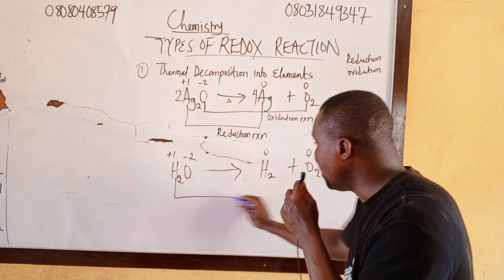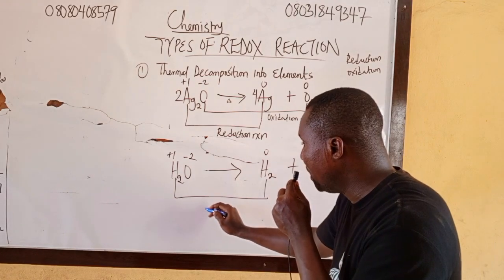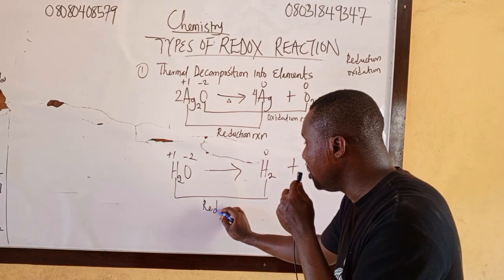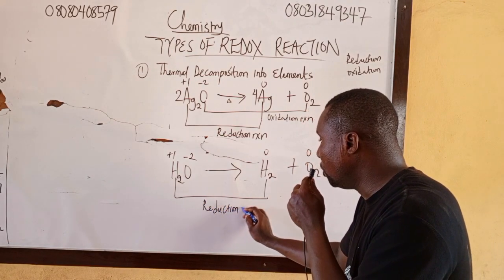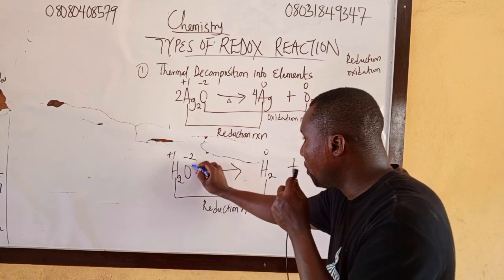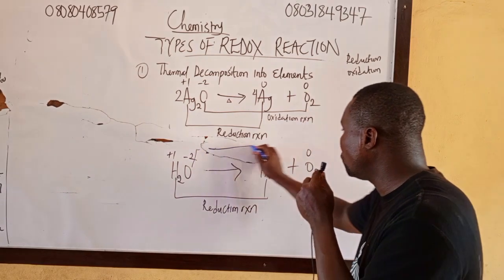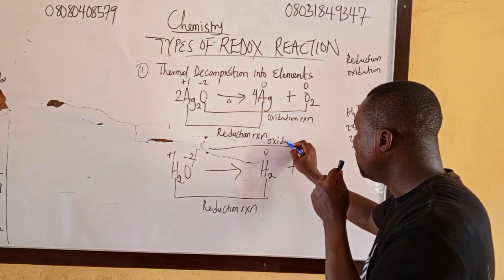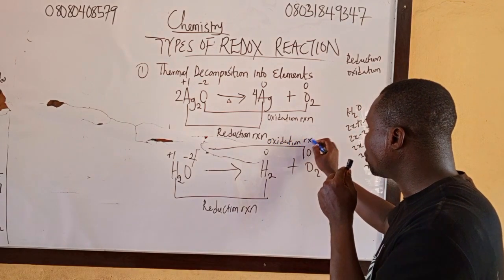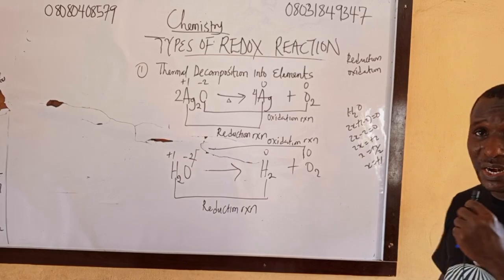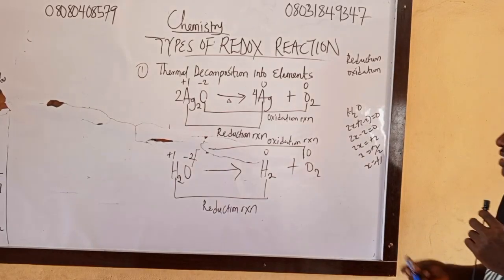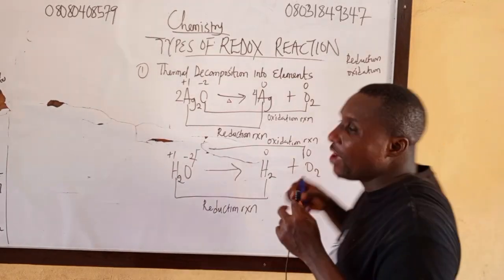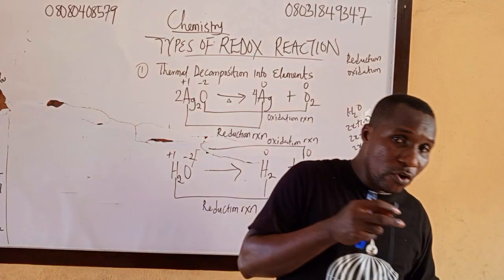Therefore, from here to here, that is reduction reaction. Then from this oxygen to this oxygen, what kind of reaction? Oxidation reaction. Take note of that. You can write the two examples.